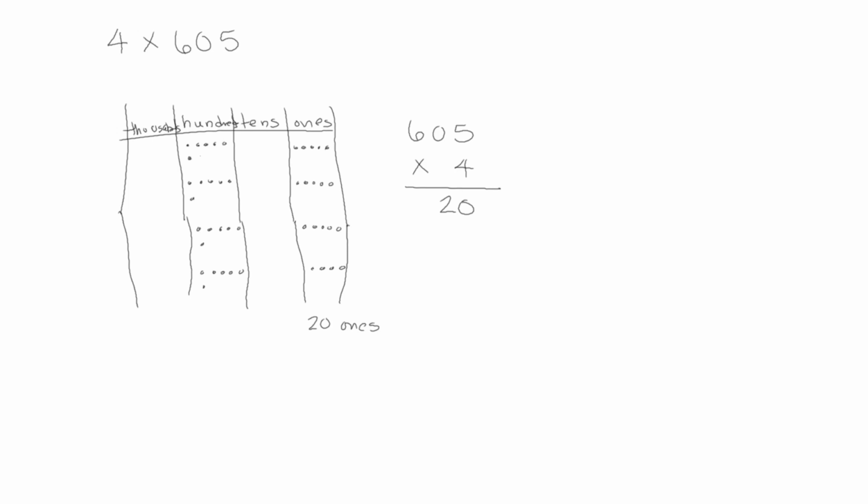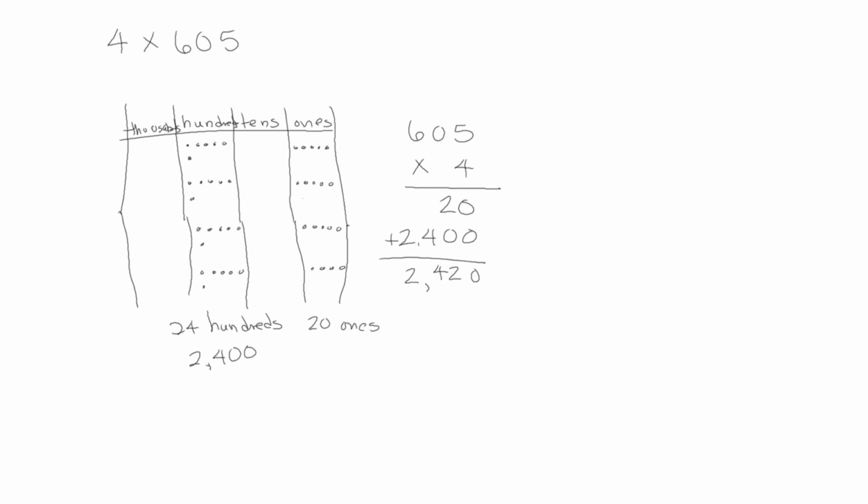We have 6, 12, 18, 24 hundreds, which is 2,400. So we'll add that as our next partial product. And if we add these together, we get 2,420 as our total product.